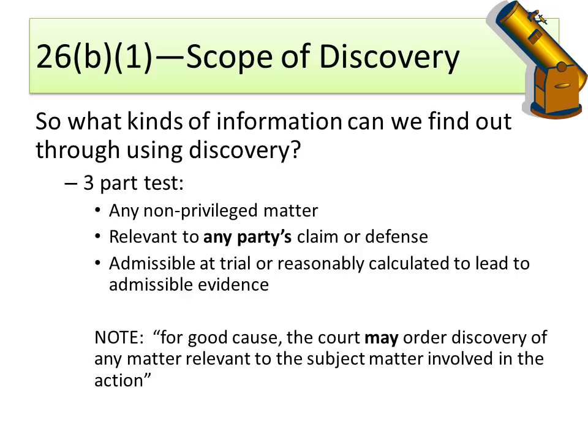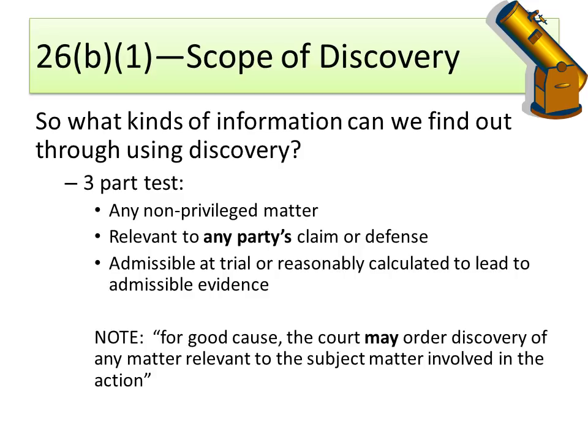So any non-privileged matter relevant to any party's claim or defense that would be either admissible at trial or reasonably calculated to lead to admissible evidence. All 3 of these things must be true for the information to be discoverable. Now look at that relevant standard. It has to be relevant to any party's claim or defense.